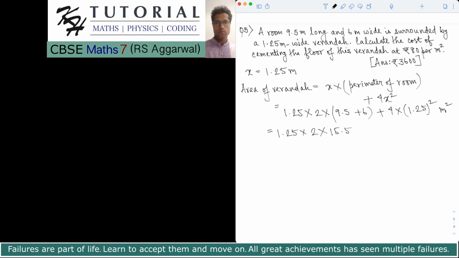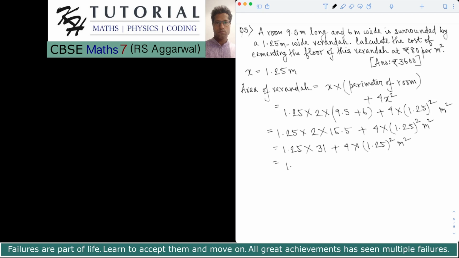This will be 1.25 multiplied by 2 multiplied by 9.5 plus 6, which is 15.5, plus we have 4 multiplied by 1.25 square meter square. This is 1.25 multiplied by 15.5 multiplied by 2, how much is that? It is 31, and we have plus 4 multiplied by 1.25 square meter square.